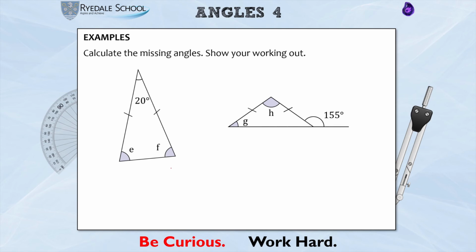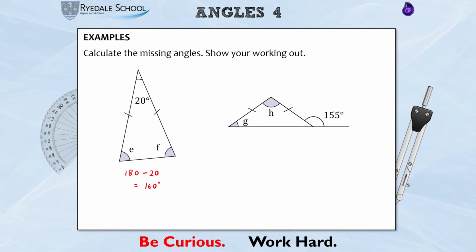So how do we go about doing this question? Well, if we know that this top angle is 20 degrees, we first of all need to think about what is left. Well, we know the angles in a triangle add up to 180. So if we've already used 20 degrees, there is 160 degrees left.